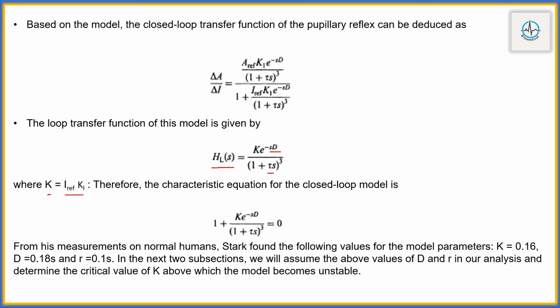Therefore, the characteristic equation for the closed-loop model is given as below. From his measurements on normal humans, Stark found the following values for the model parameters: k equal to 0.16, d equal to 0.18 seconds and τ equal to 0.1 second. In the next two subsections, we will assume the above values of d and τ in our analysis and determine the critical value of K above which the model becomes unstable.